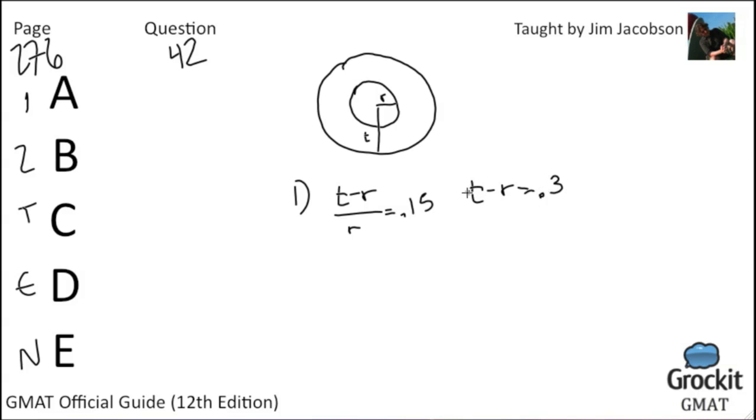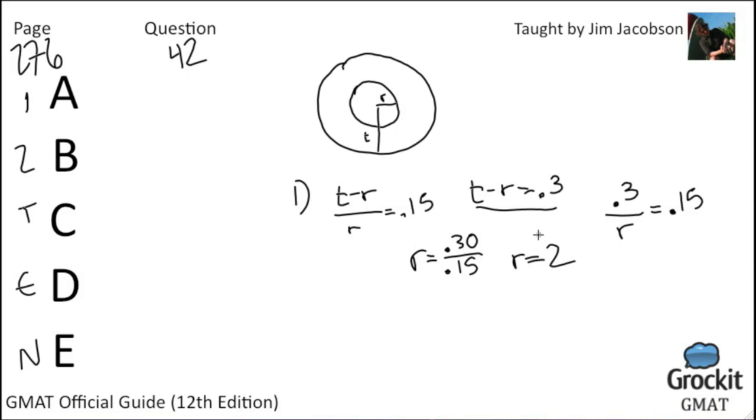We could substitute this value for t minus r into that first equation, so we get 0.3 over r is 0.15. We can multiply both sides by r and divide both sides by 0.15, and so we'll get r equals 0.30 over 0.15. Then it becomes straight up arithmetic, r equals 2. And that's what the question was asking. What is the value of r? We have one single value, so statement 1 is sufficient.